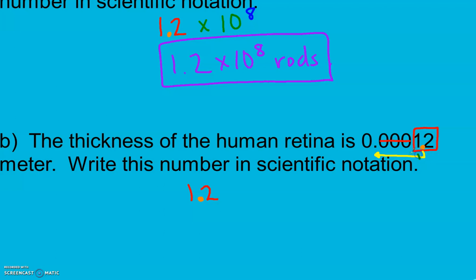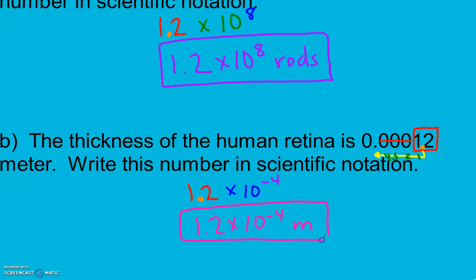Here, 1, 2, 3, 4. So, we multiply times 10 to the negative 4th. Because it's a small number, we move from where our decimal is to where it was. We moved towards the negative numbers on a number line. It's a negative 4th, and that is meters. So it's going to be 1.2 times 10 to the negative 4th meters.